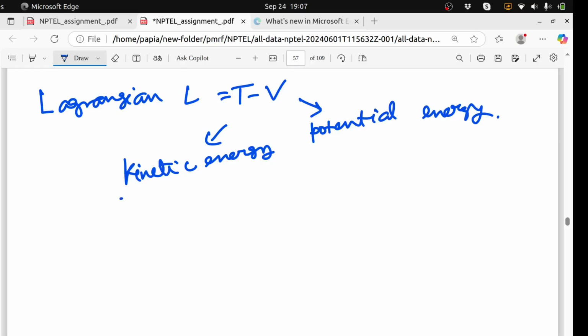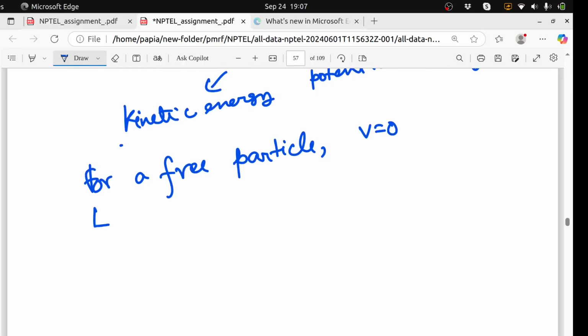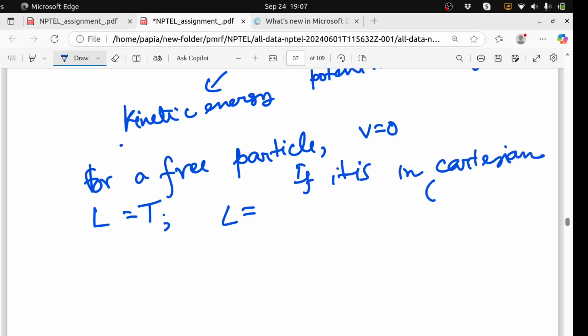Okay, so for a free particle, V equals 0. So you can see that L equals only T. For a free particle in Cartesian 2D, it will be half m (x dot square plus y dot square).